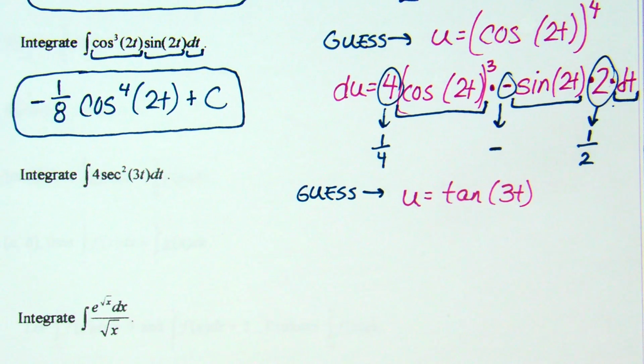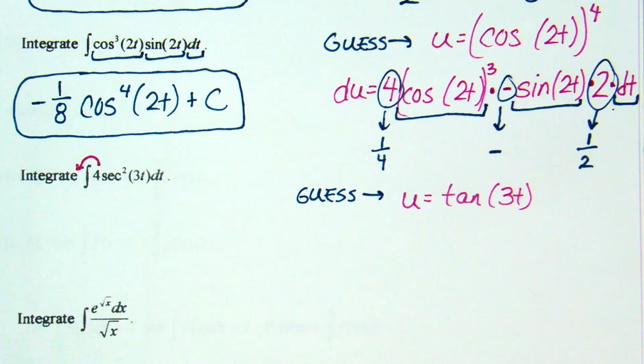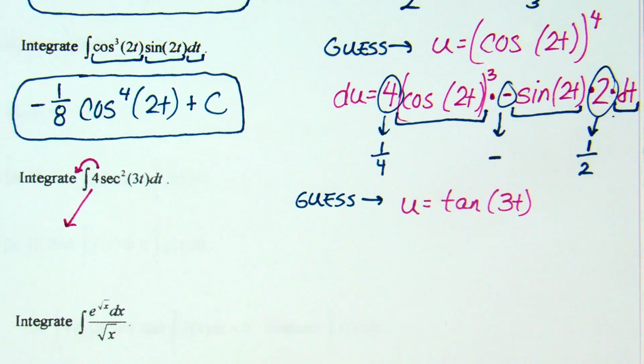You can take the 4 with the guess, or the other option, which might actually be better, is to think of that 4 as a constant. That 4 just can go in front of the integral, meaning the 4 has to just carry on down straight to my answer. Or I agree, you can think 4 tangent 3t. That would work as well.